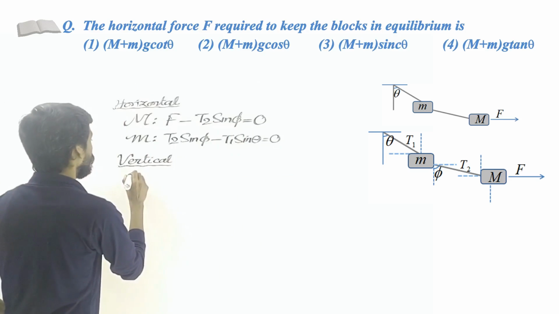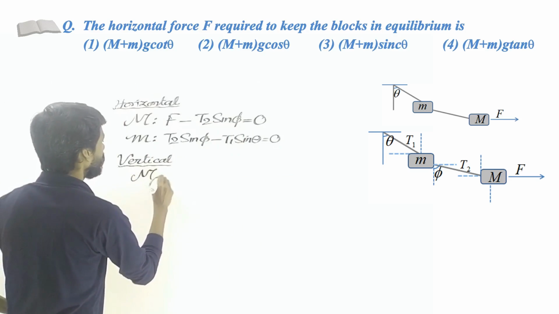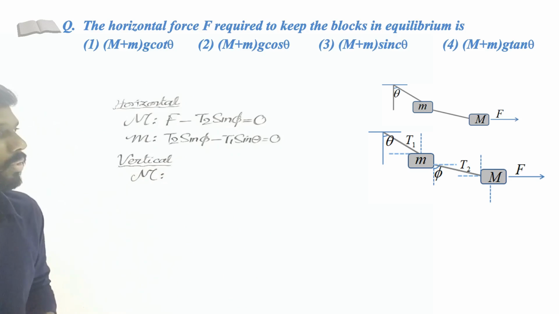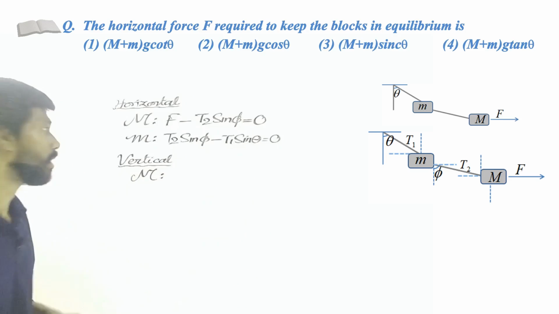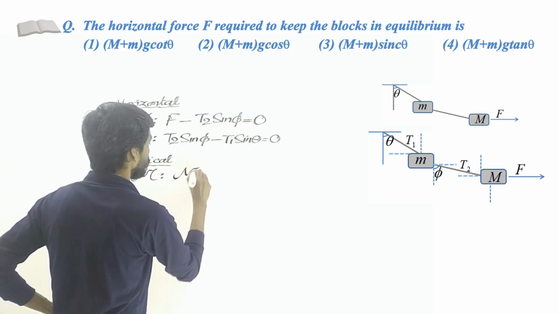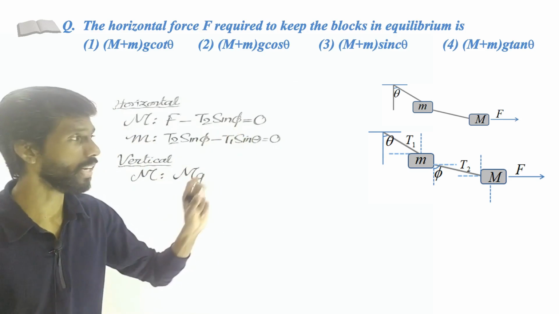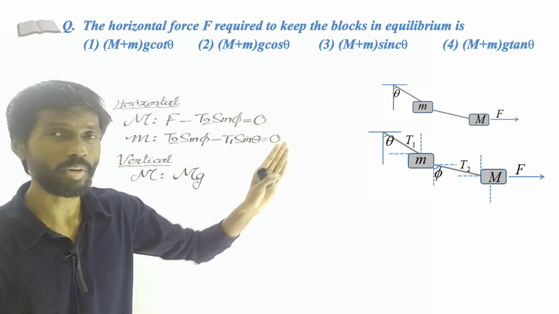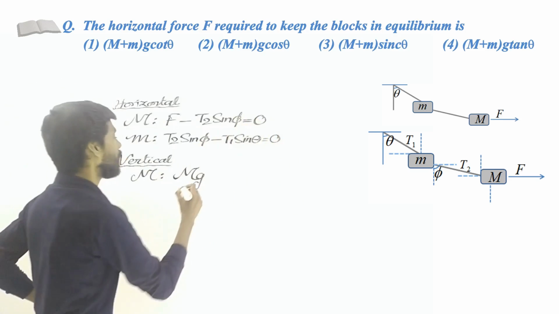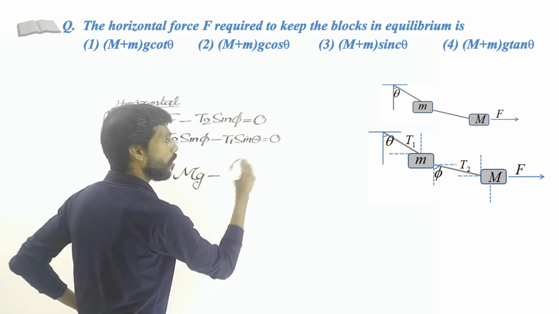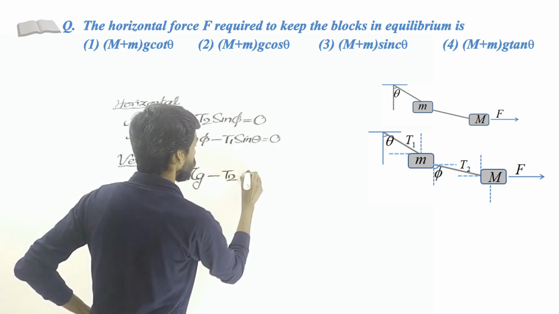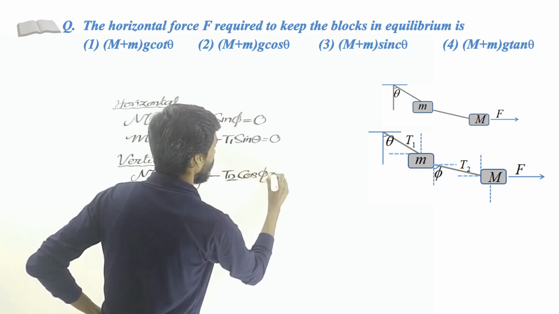First of all, let me write for the block capital M. What are the forces? Gravitation force in the vertically downward direction, so mg, and then the component of T2 in the vertically upward direction, that makes angle phi only, alternate angle phi, which means mg minus T2 cos phi equals 0.